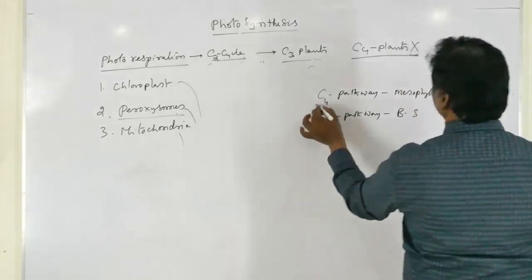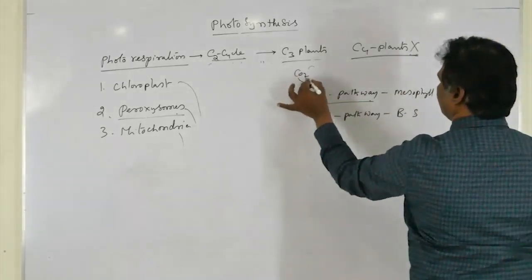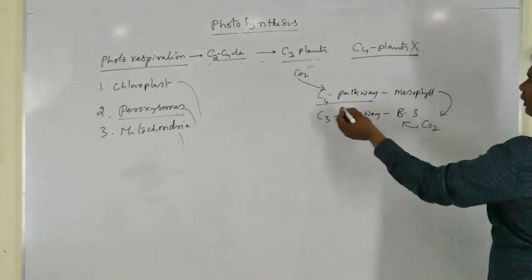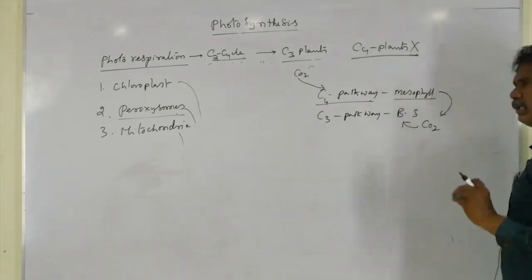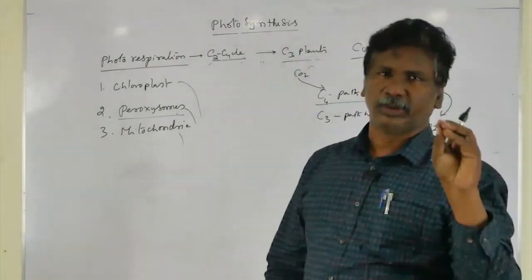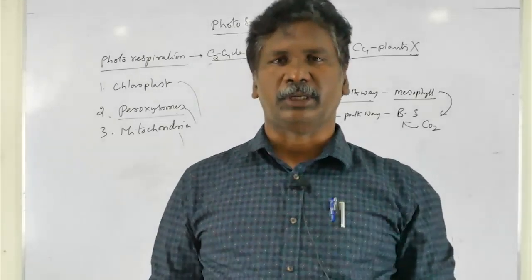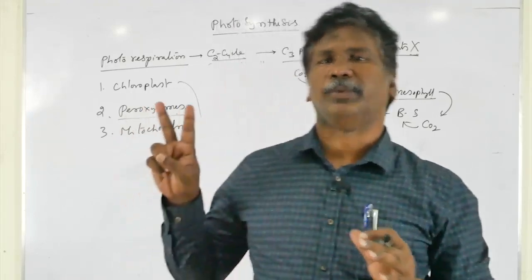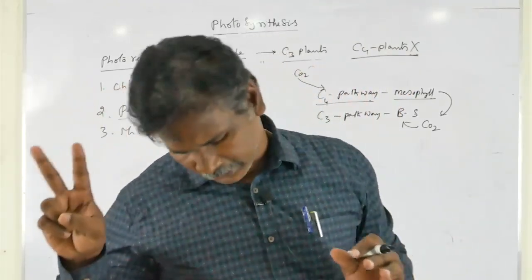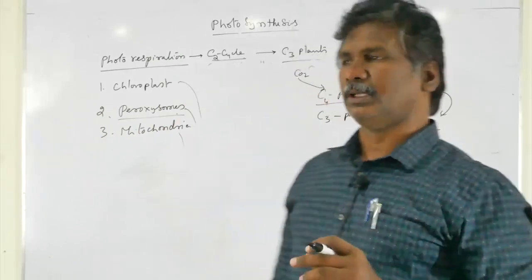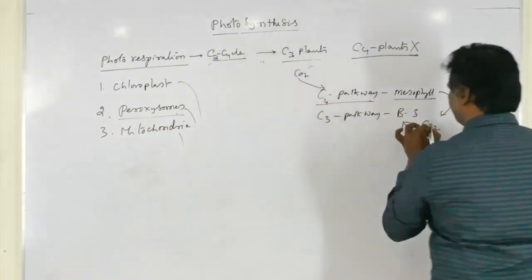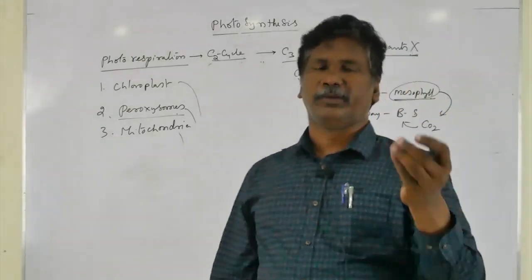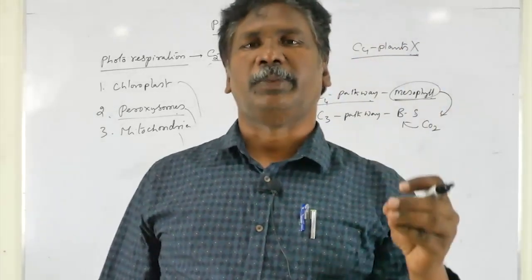In the C4 pathway, the carbon dioxide that enters the plant is released into the bundle sheath. So that increases the intracellular concentration of CO2, especially in the mesophyll and bundle sheath cells, due to the presence of two carbon fixations. In the first carbon fixation, carbon dioxide enters the mesophyll cells and increases the intracellular carbon dioxide level.